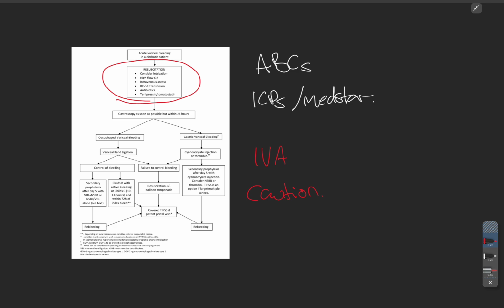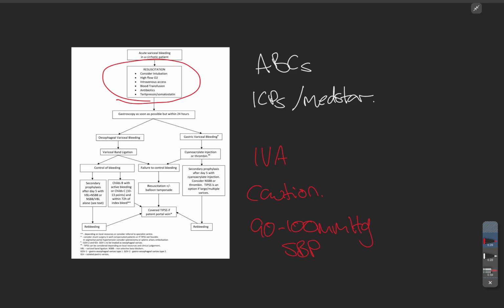The goal is to achieve hemodynamic stability, not to fully replace all blood loss. The target here is between 90 to 100 millimeters of mercury systolic blood pressure.